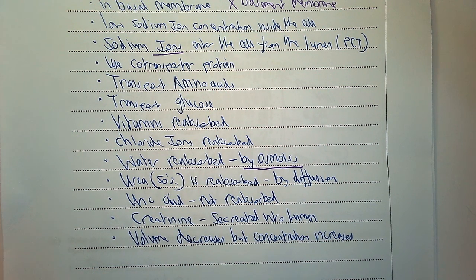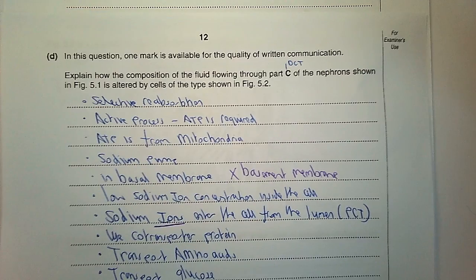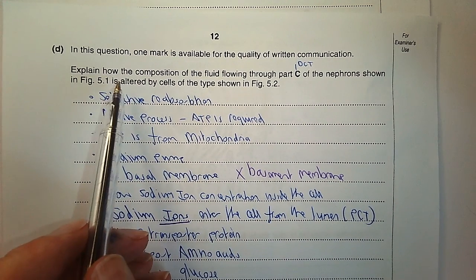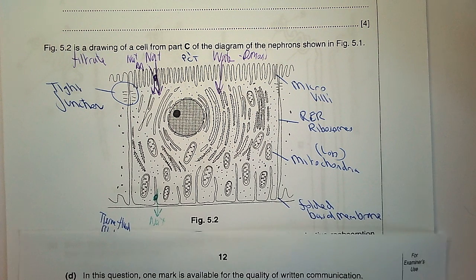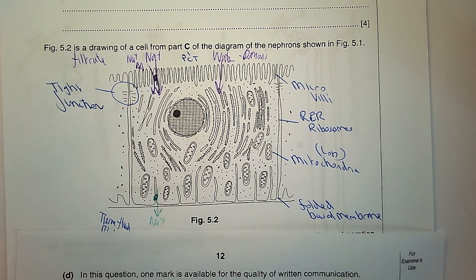And that filtrate then will pass on to the next stage of the tubule, which is the loop of Henle leading into the DCT, where more water is then going to be reabsorbed. So that's explained how the composition of fluid is altered by these brush border cells in the PCT.